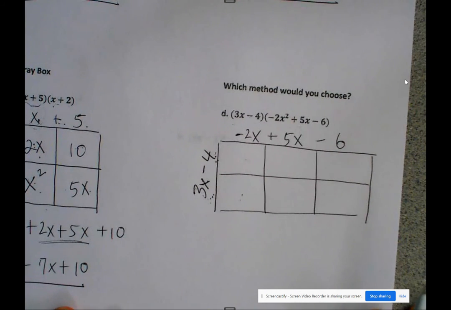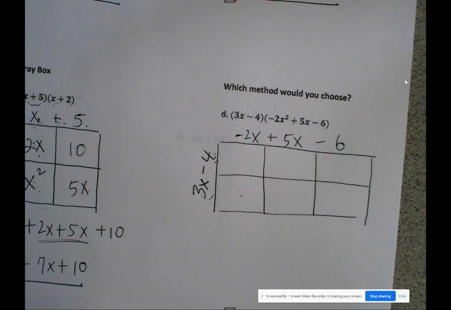I'm just going to call out individual people to kind of help me with each box. So I'll give you a few more seconds. I want everyone to try.